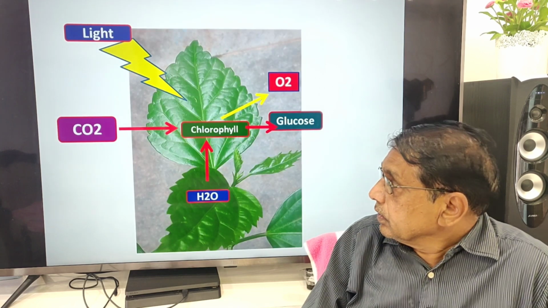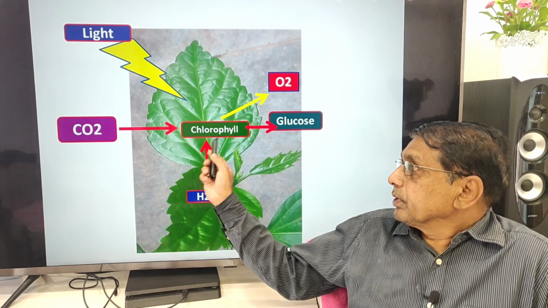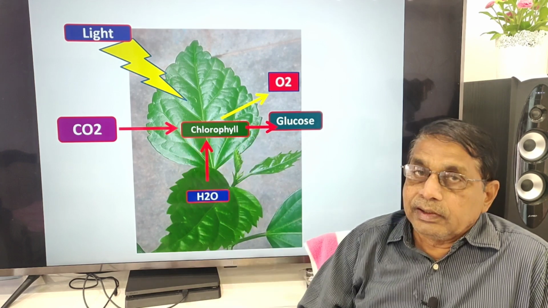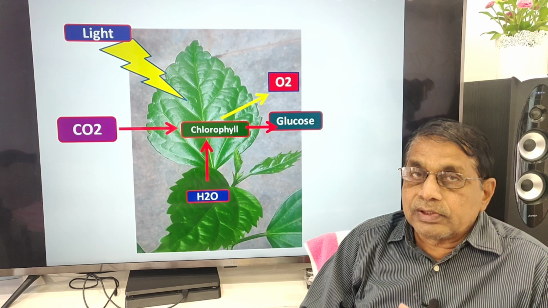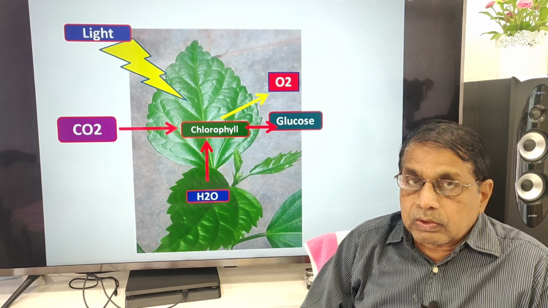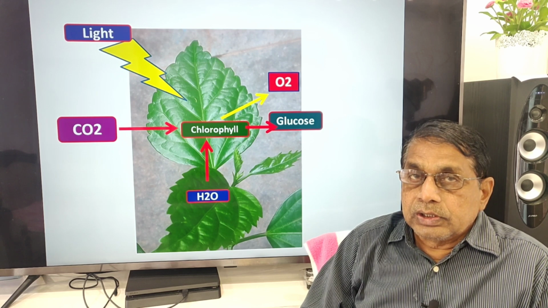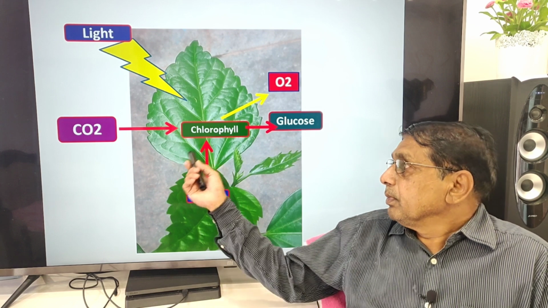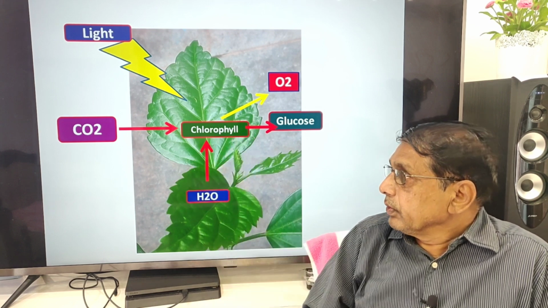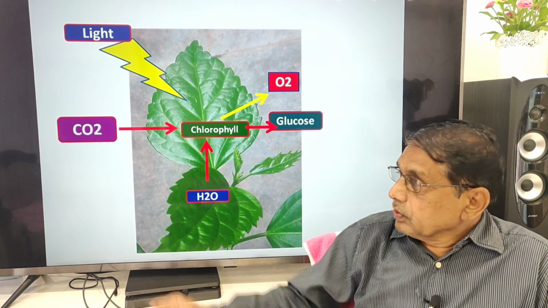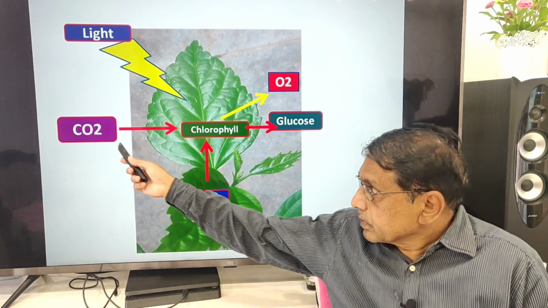Chlorophyll is present in the leaf, in mesophyll cells, where the chloroplasts are present. Inside the chloroplast, the pigments and the chlorophyll molecules, the photosynthetic process takes place.